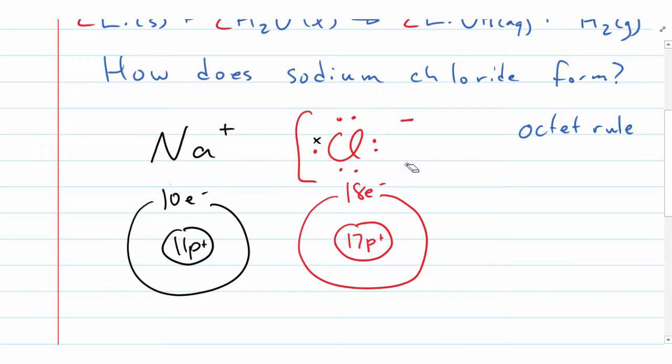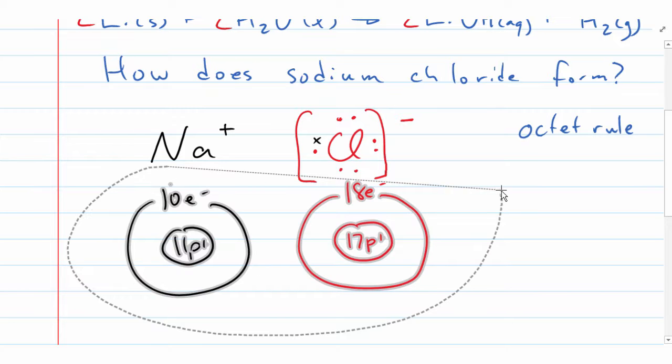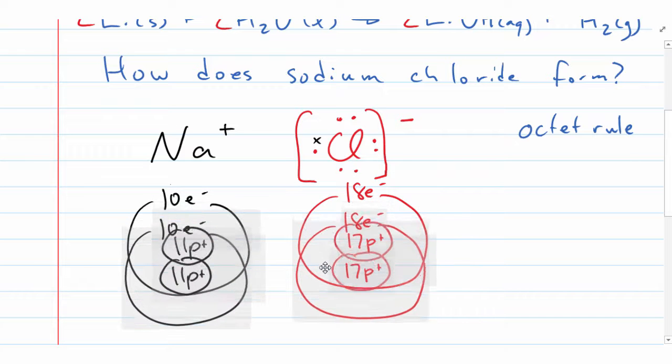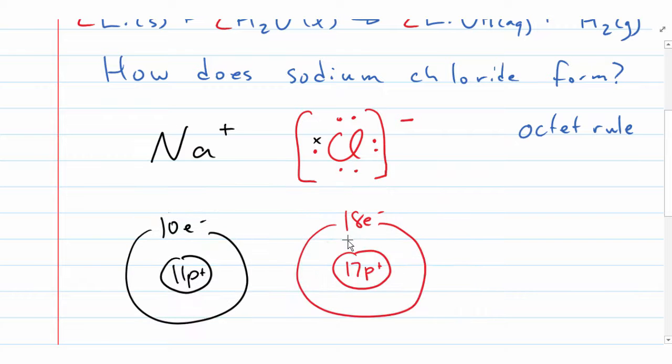So what you're going to see me do here is you're going to see me put the chlorine in square brackets. And what the square brackets represent is the fact that we are showing some dots and a charge. So when you write Lewis diagrams, this is the Lewis diagram for sodium chloride right here.